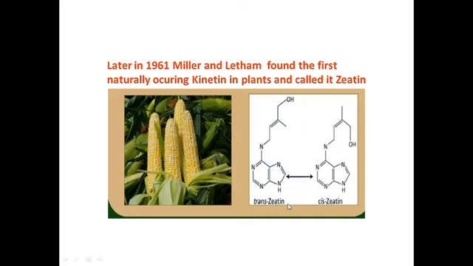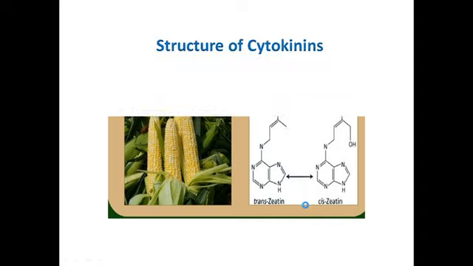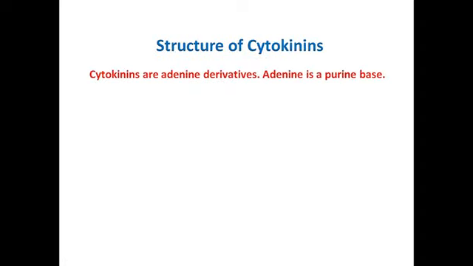So here is the structure of the zeatin. It's the trans zeatin and it is the cis zeatin. They are isomers of each other. So this is about the discovery. Now coming to the structure of the cytokinins. Cytokinins are adenine derivatives. You must have heard adenine is a purine base, a nitrogenous base present in the DNA. So here is the adenine, and cytokinins are derivatives of this purine base.